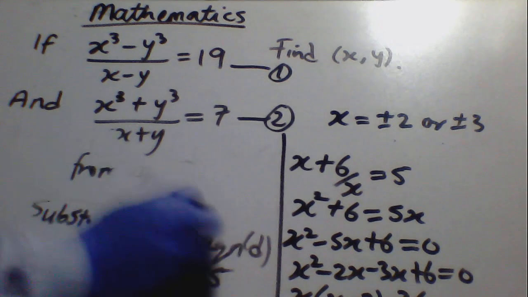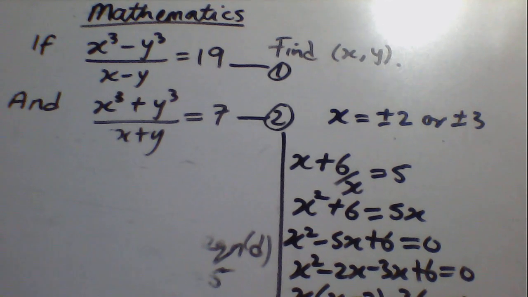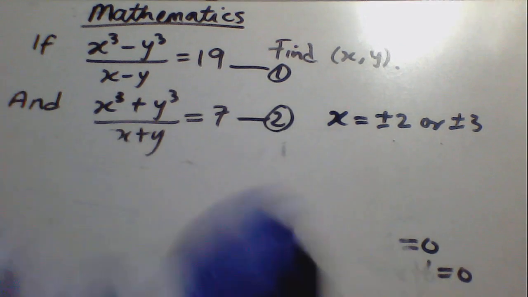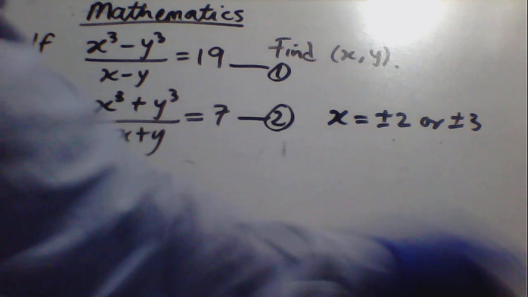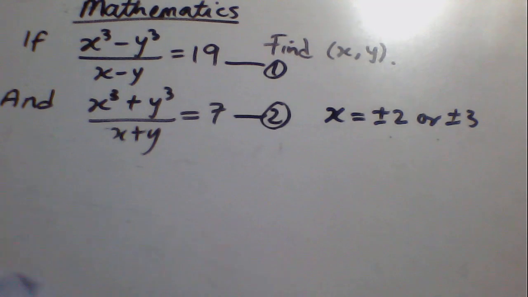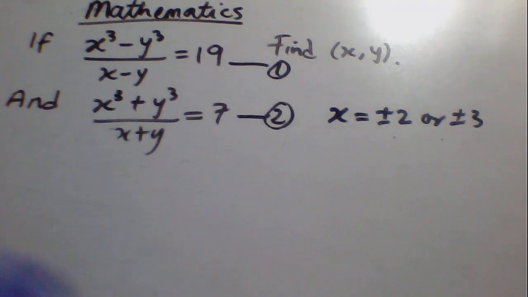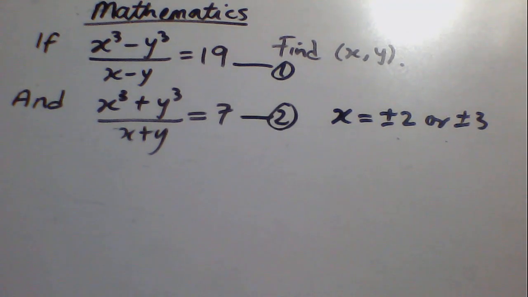From these 2 values of x, we can now solve for y. We can now get the values of y by substituting the values of x in any of the 2 equations. If you substitute in any of the 2 equations, you will get the value of y.